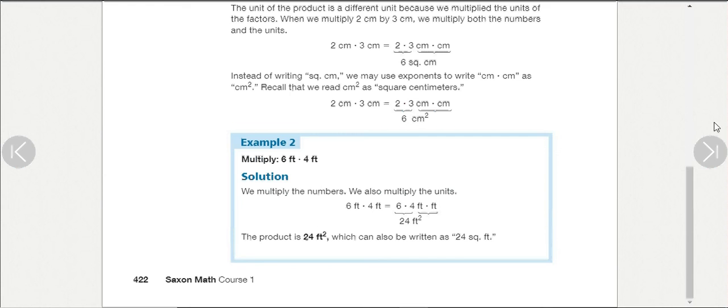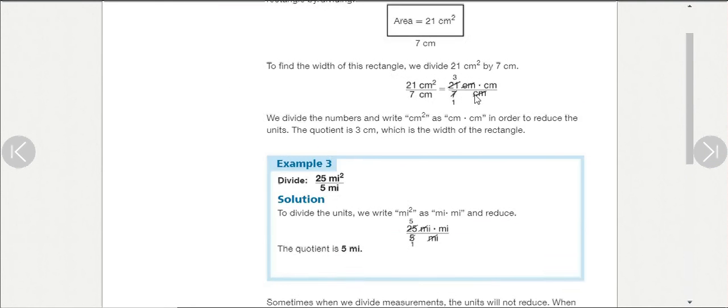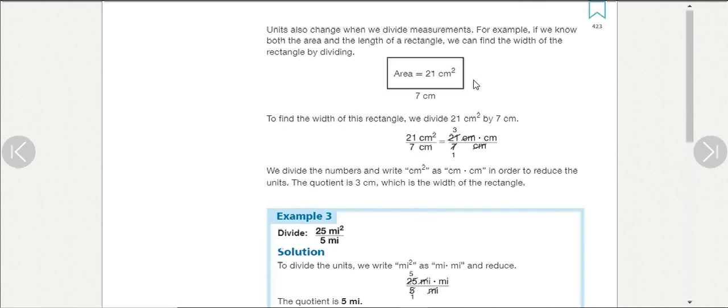We're almost done. What about dividing? For example, if we had the 21 area, actually no, we found 24. But what if the area was 21? And we wanted to find out, well, what was a width? If we know the length was 7, we could actually divide it and find that the width was 3.